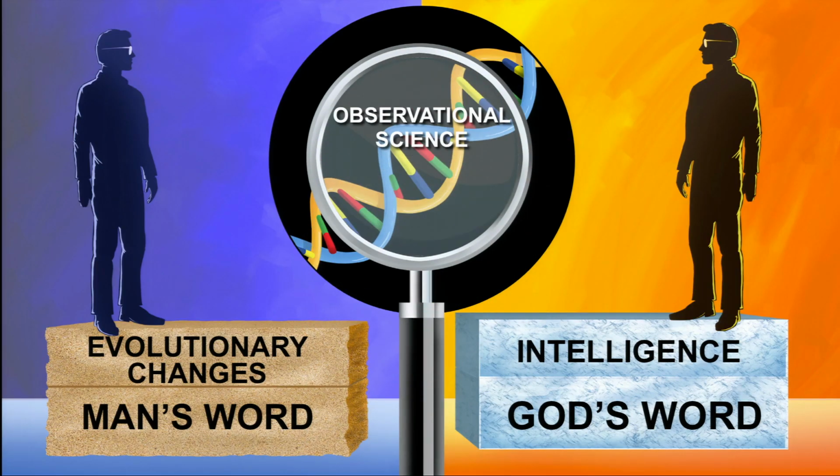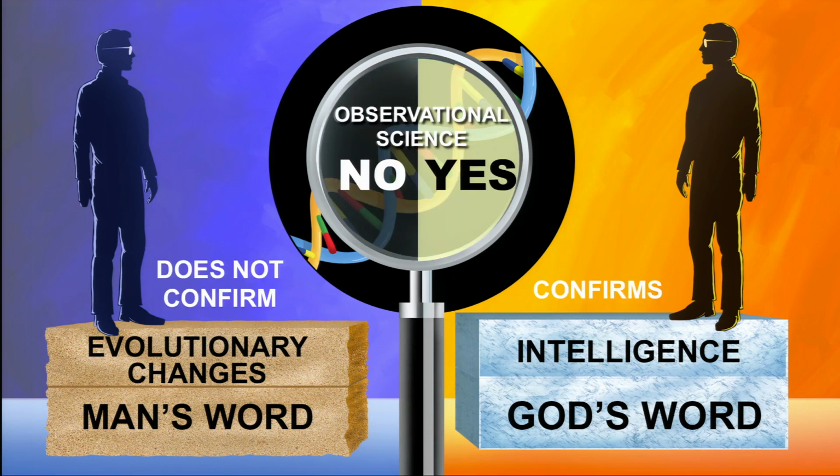And so as we study DNA today, what we're going to see is that its design confirms and is consistent with historical science based on God's word, and God is the creator and designer of our DNA and his intelligence, and is inconsistent and does not confirm that DNA is a result of random chance over evolutionary eons of time.